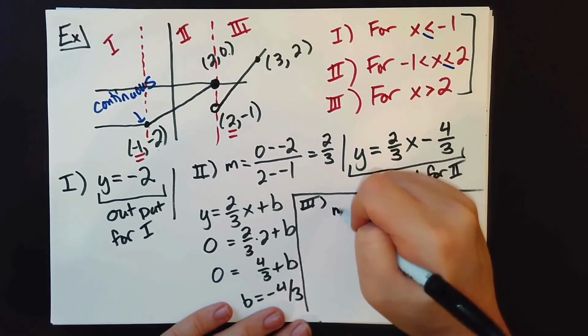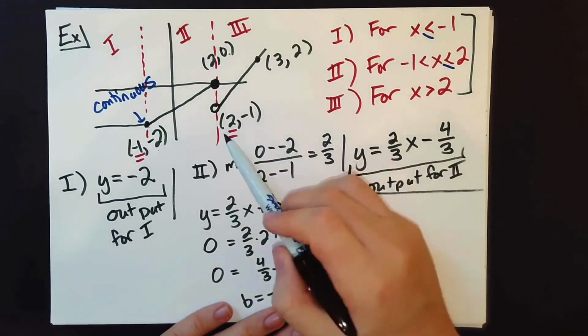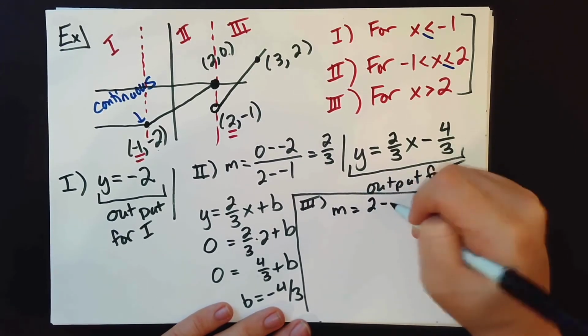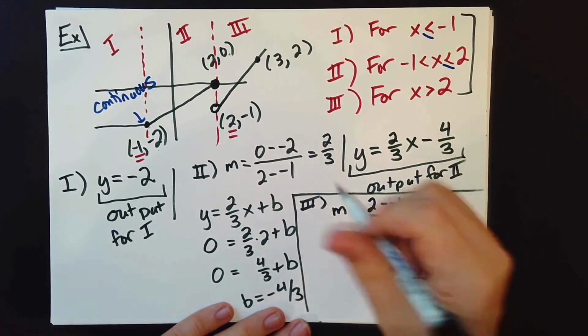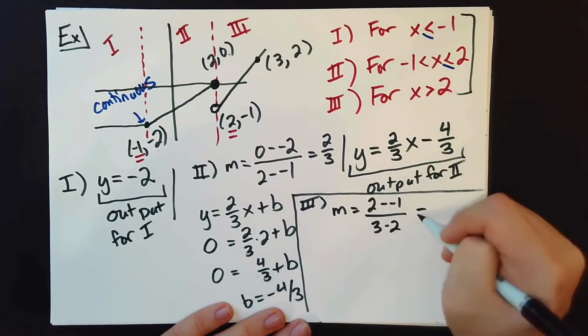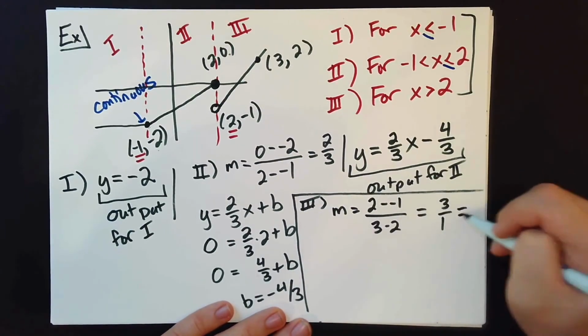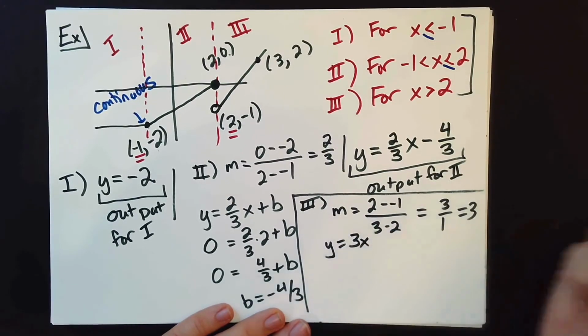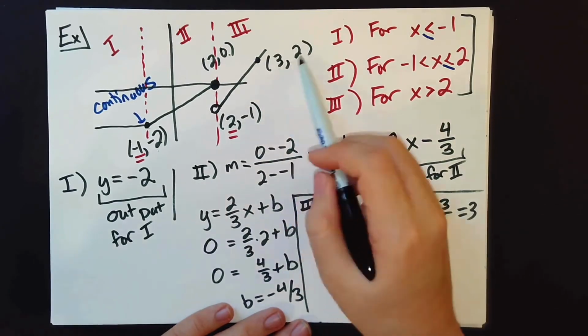Okay, so I just need to find the equation of the line from 2, -1 to 3, 2. And so that'll be 2 minus -1 divided by 3 minus 2, which is 3 over 1, which is 3. So my equation looks like y equals 3x plus b. I'll plug in this 3, 2 point.